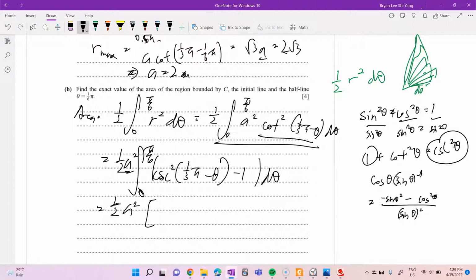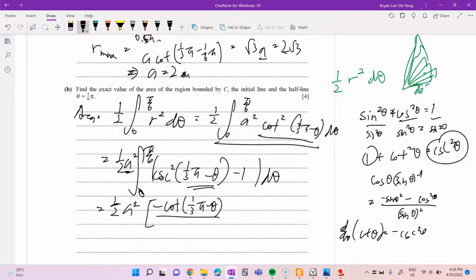So to integrate this, d cotangent theta equals negative cosecant square theta. I think we should be having a negative, but anyway, so negative cotangent 1/3 pi minus theta, and then you have to divide by the derivative of this whole thing.